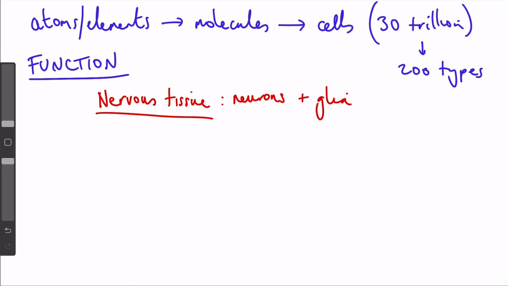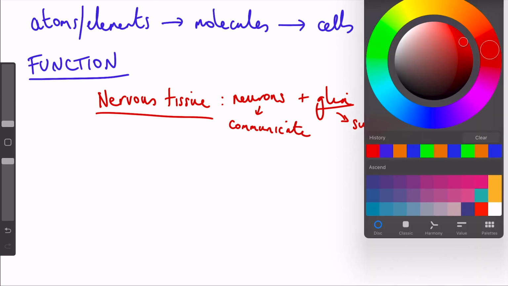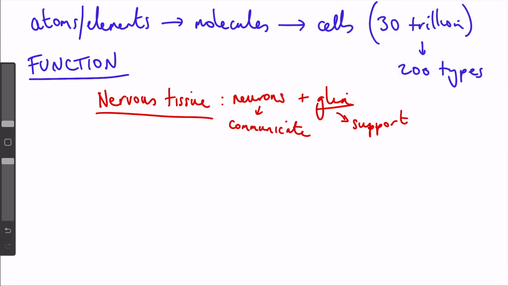So nervous tissue can be broken up into neurons and glia. Now, glia, they're supporting cells. They actually are there to support the neurons, and the neurons are there to communicate. So at the end of the day, the reason why we have nervous tissue is for communication.